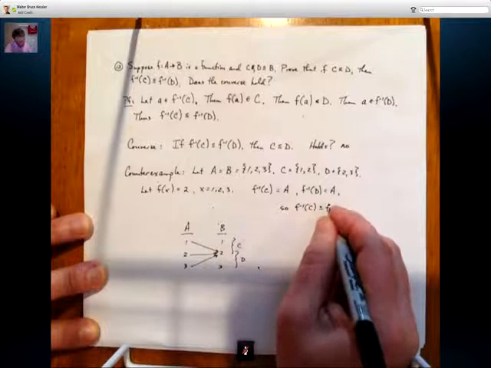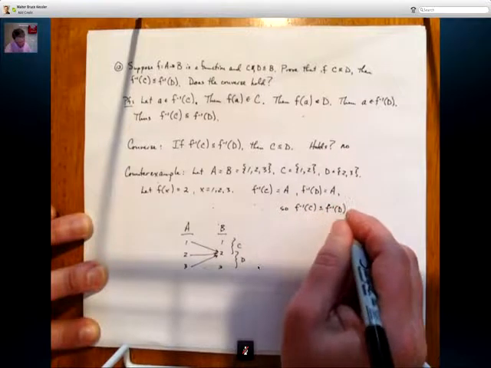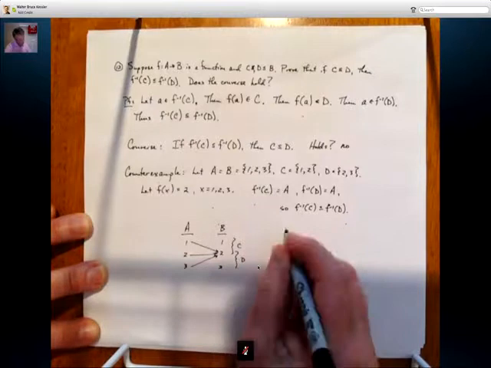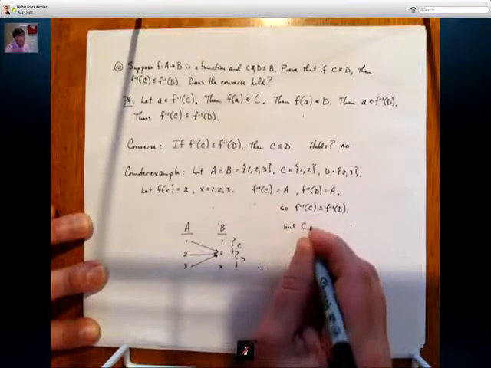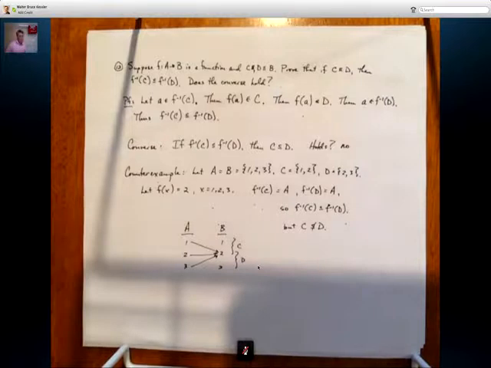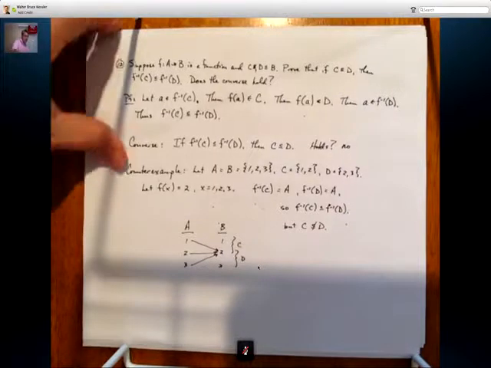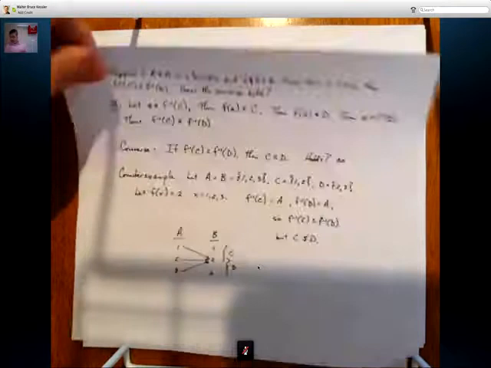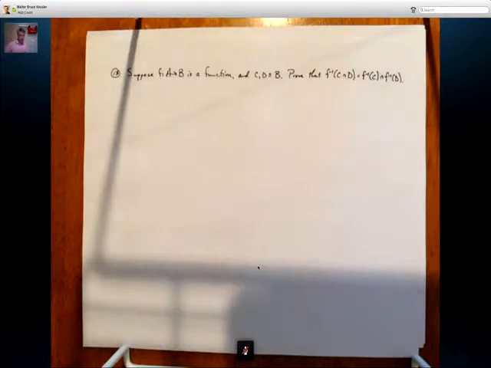So F inverse of C is a subset of F inverse of D, but C is not a subset of D. Okay. All right. So that is that one.